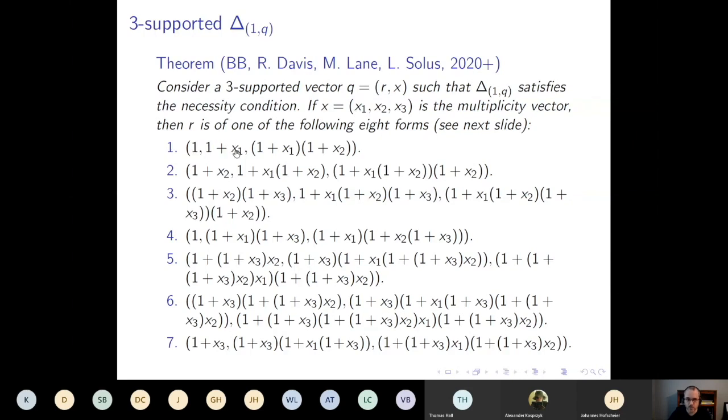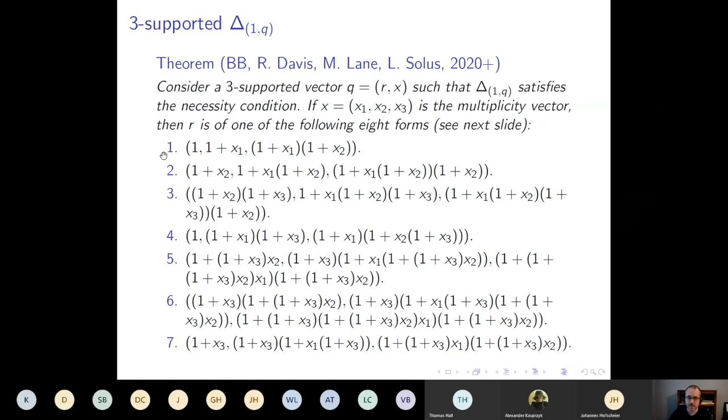This 1 plus x1 has multiplicity x2, and this quantity here has multiplicity x3, and that's true for all of them. And what is interesting is you tell me the multiplicity you want on the weights, and I tell you, if you want to satisfy the necessity condition, it's got to be one of these.